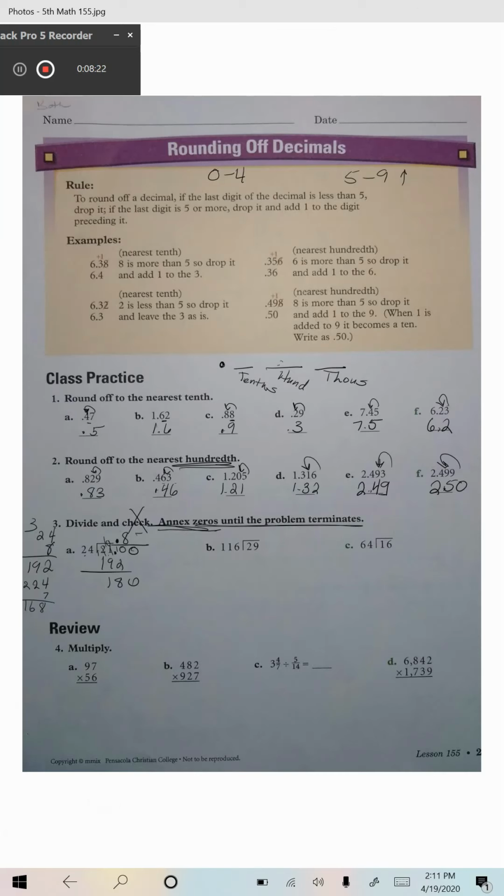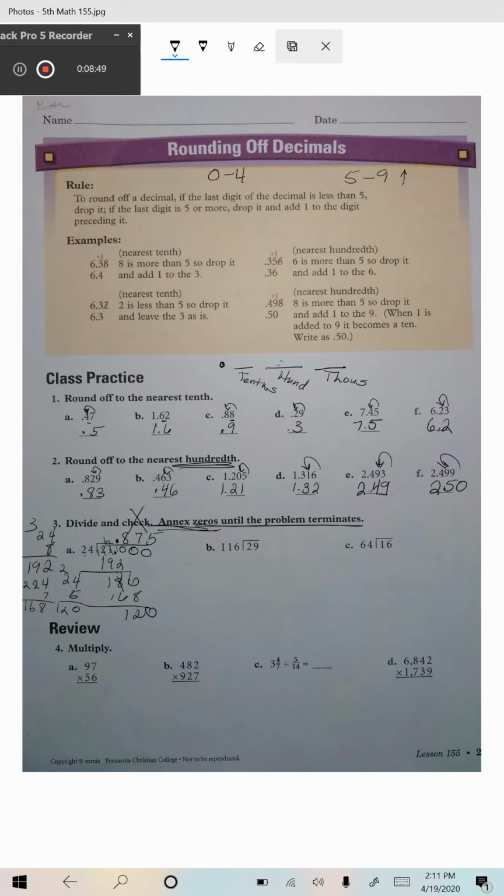Yep, so let's use a 7. 120. We're going to add another 0. Make it 120. 24 times 5. There we go. There's our 120. So our answer is 0.875.